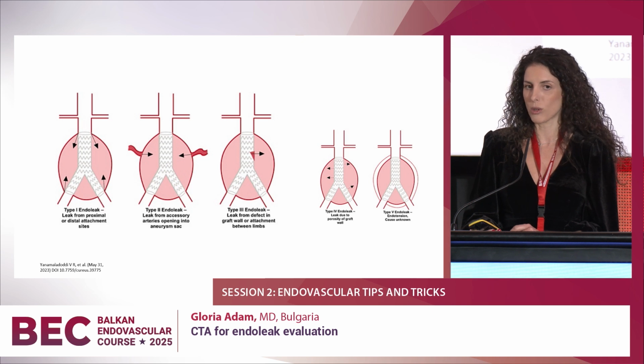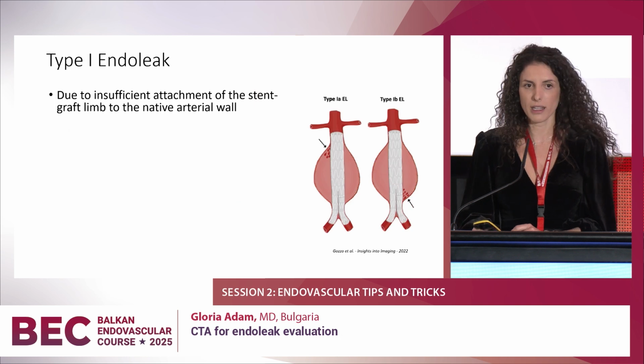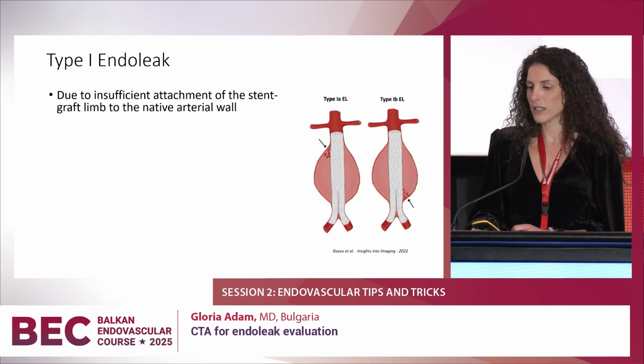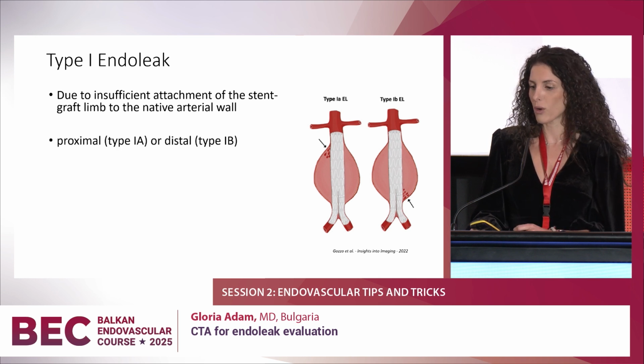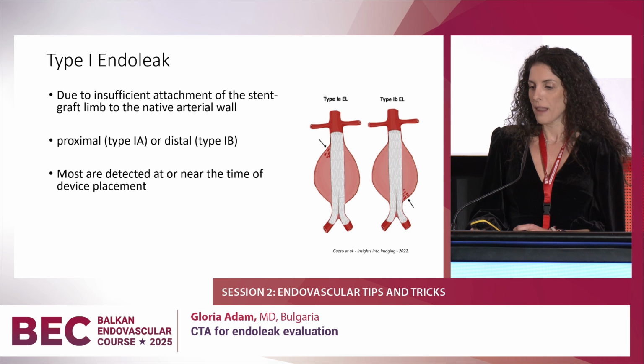The second is the most common one, but the first and the third are more dangerous. Type 1 endoleak is when there is insufficient attachment of the stent graft lip to the native arterial wall. It can be proximal or distal. Usually you see it at these parts of the stent graft.